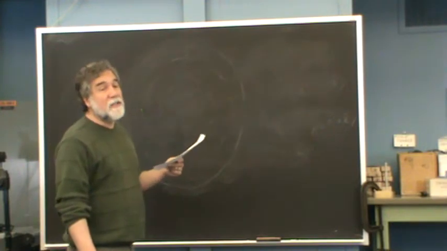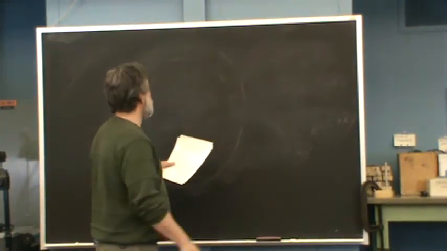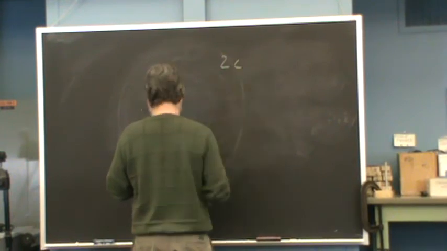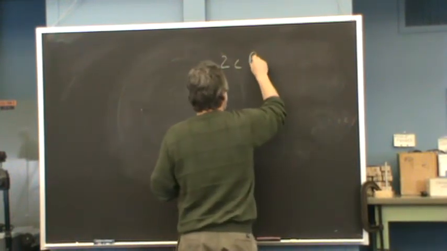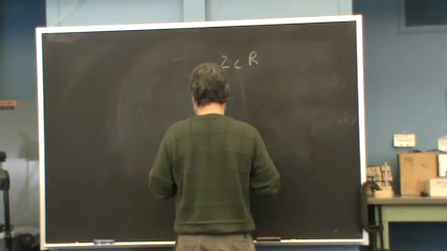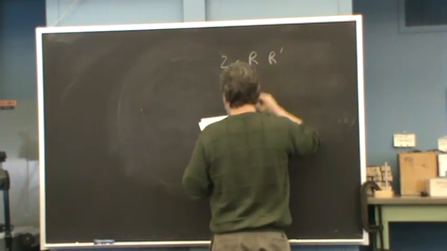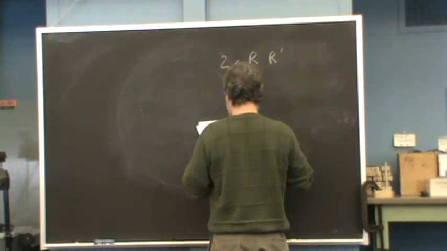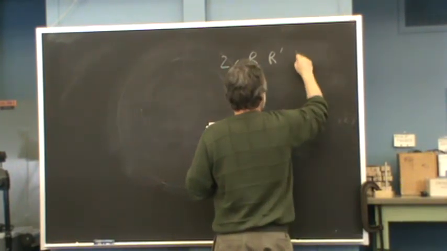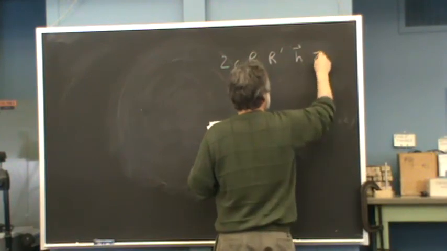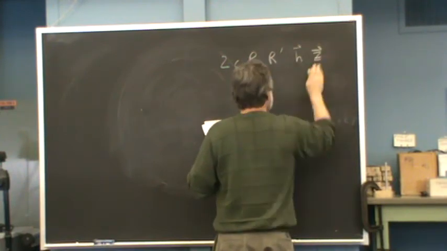The solution should include 2, C, R. It's not going to help you here. R prime. You're just looking at things that should have been somewhere in a solution. What base is in the vector of that line? Z hat.